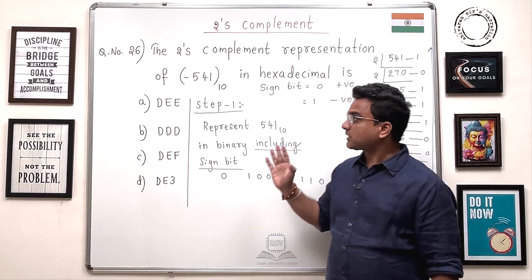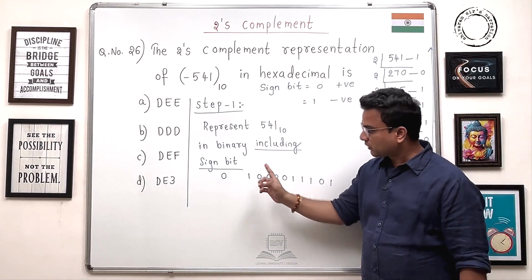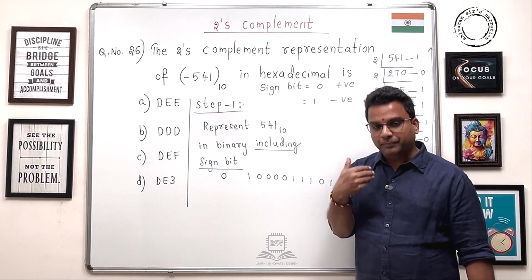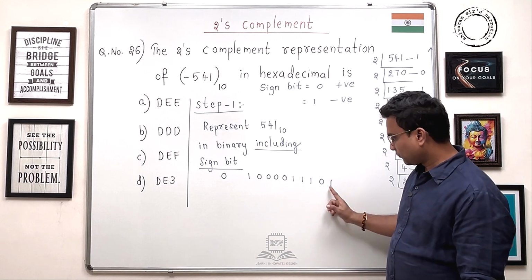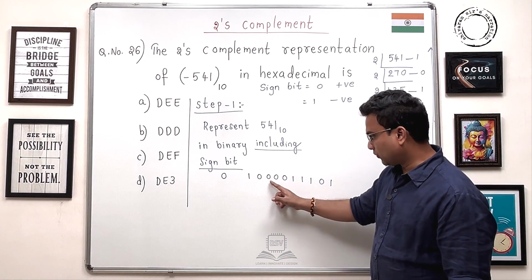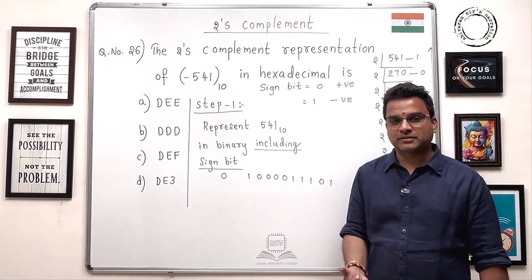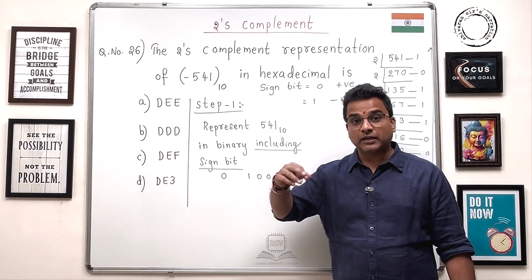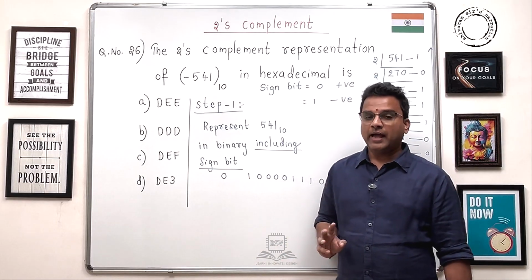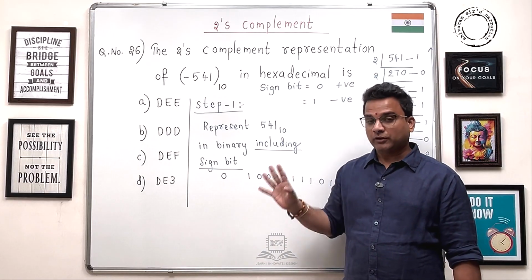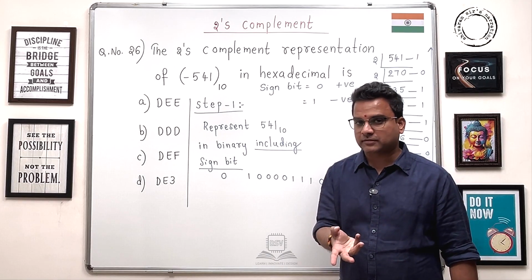But as per the decimal number including sign bit, how many bits do we have right now? 4, 8, 9, 10, 11. We have only 11 bits. But he is asking for 12 bits. Then as per the options, here we require 12 bits.